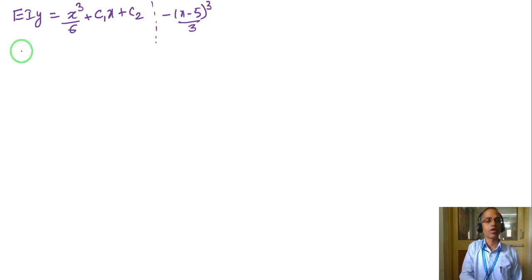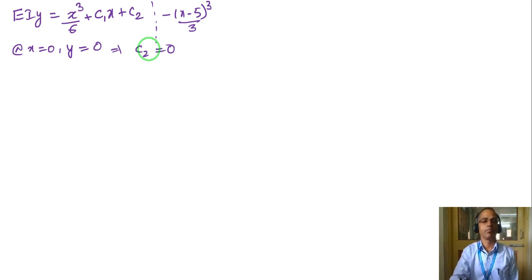Now applying the boundary conditions, which is very important, we can get C1 and C2. At x equal to 0, the deflection is equal to 0. Substituting x equal to 0 and y equal to 0, I get C2 directly as 0. Take the first span.